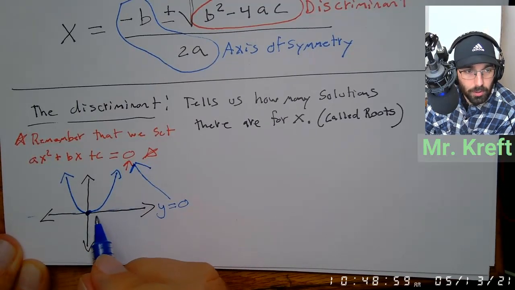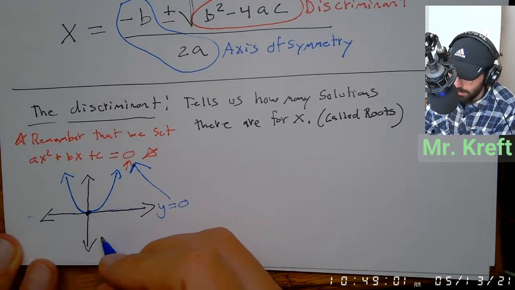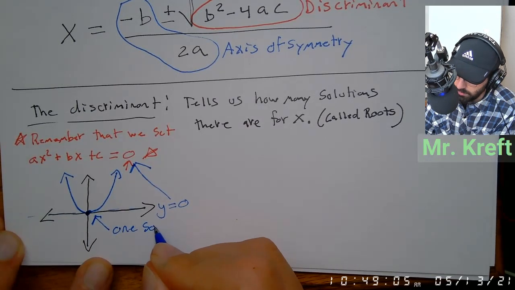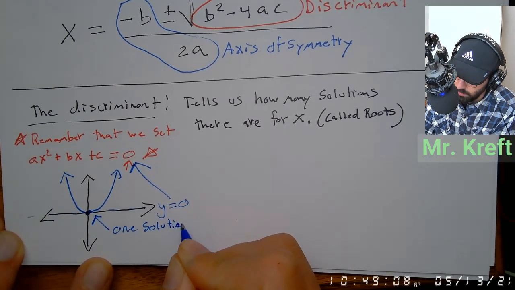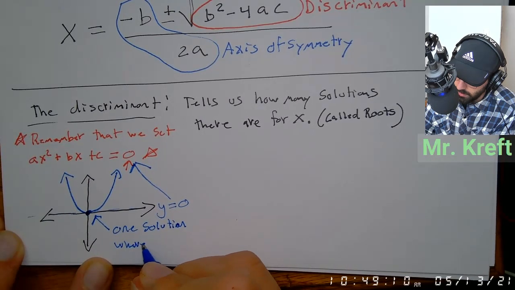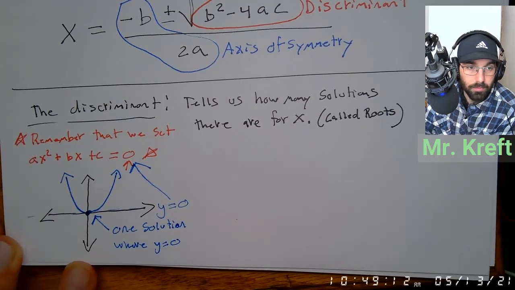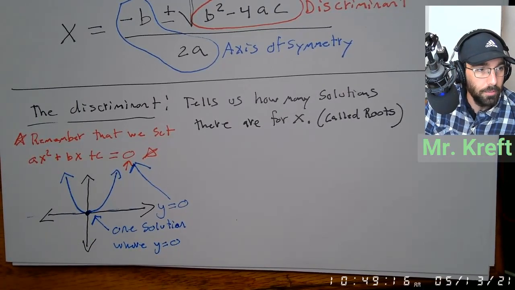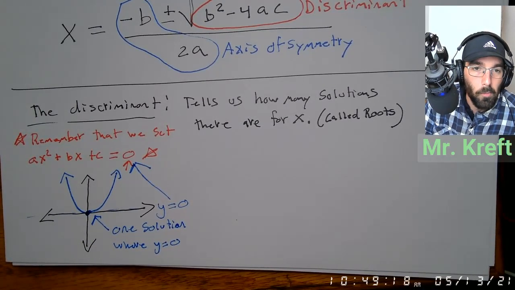Notice how in this graph, there is one solution where y equals 0. So there's one place. Yeah, I can slow down. Sorry, I didn't mean to be going too fast.